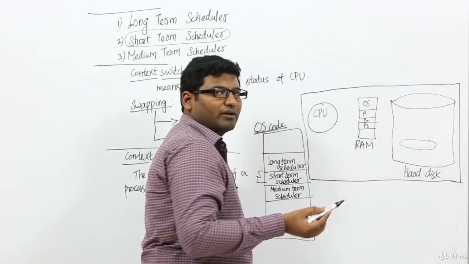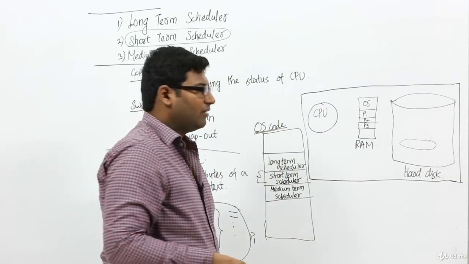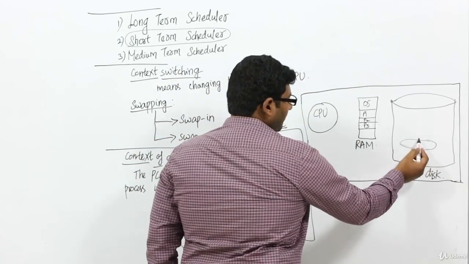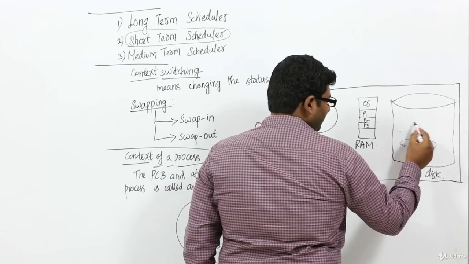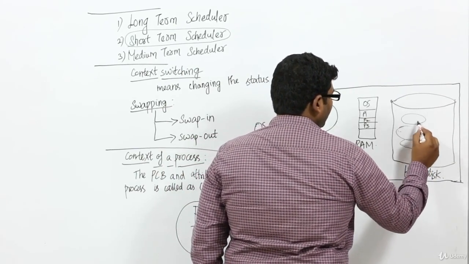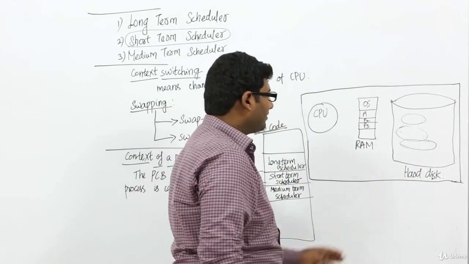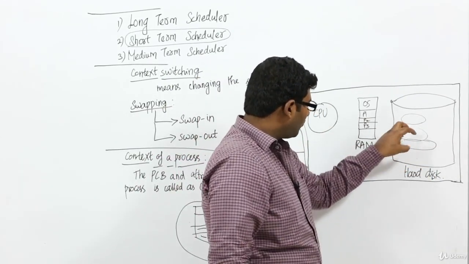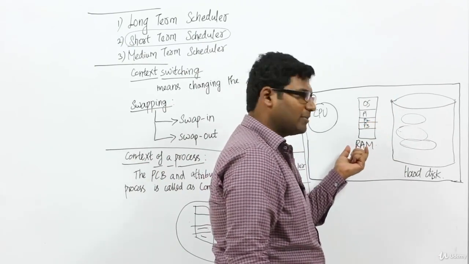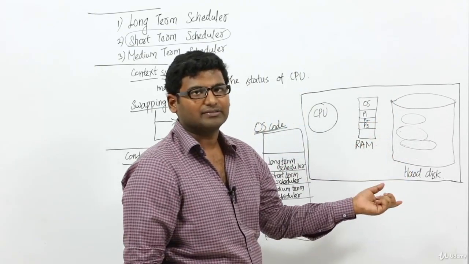Once a user opens a program, a process will be created, which is in new state. There will be a lot of processes in new state. Among these processes, we can only move a few into the RAM, because the capacity of RAM is much lesser than the capacity of the hard disk.